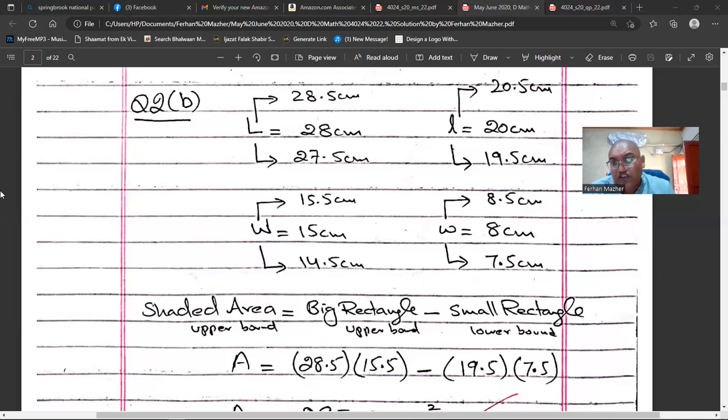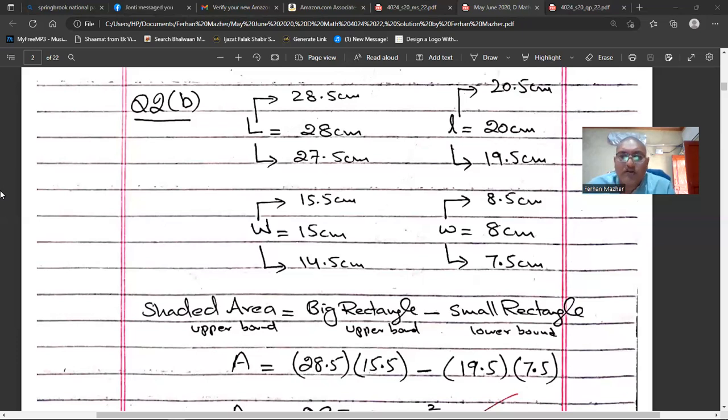According to this formula, because this is subtraction, for the first quantity, its upper bound will be taken, and for the second quantity which is subtracted, its lower bound will be taken. So area will be, for the big rectangle, area is length multiplied by width. I will use its upper bounds, 28.5 multiplied by 15.5, minus the small rectangle.